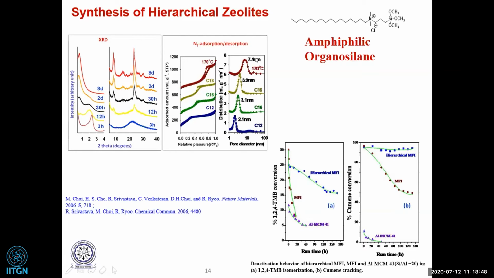And we can see that you can finally tune its pore size, and the material can be synthesized in crystalline form. It also has the low angle XRD, so it is a highly crystalline and highly ordered material. And you can see that especially for this cumene cracking and this isomerization reaction, it exhibits almost no deactivation in the case of cumene cracking, or in this case, a retardation in deactivation has been observed.